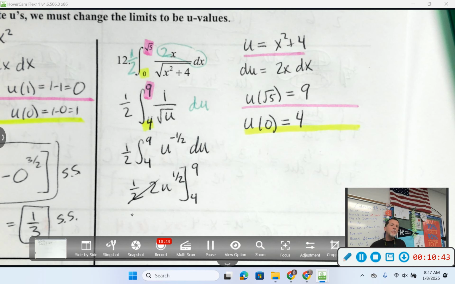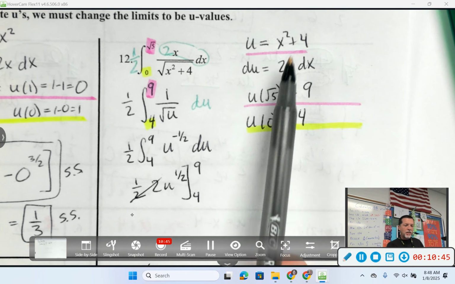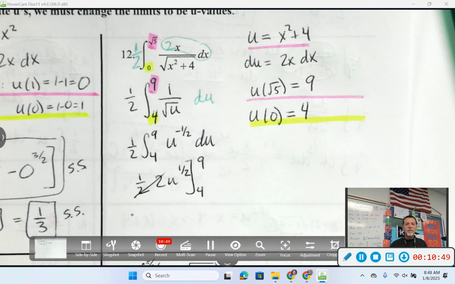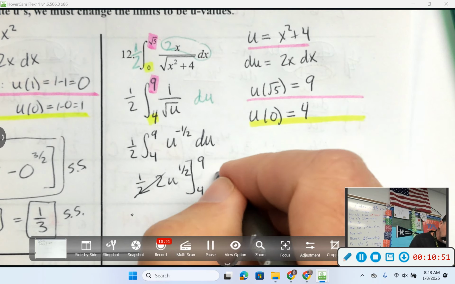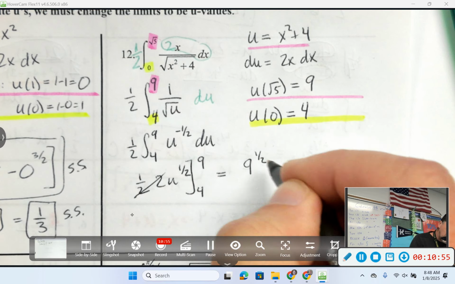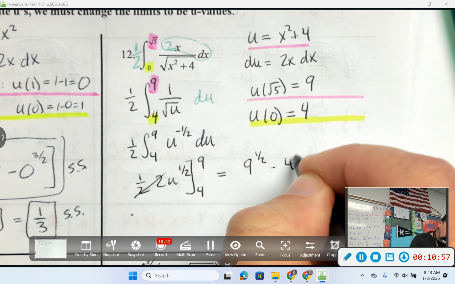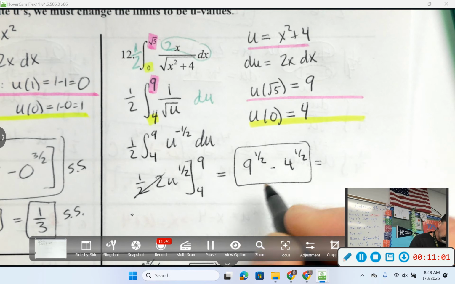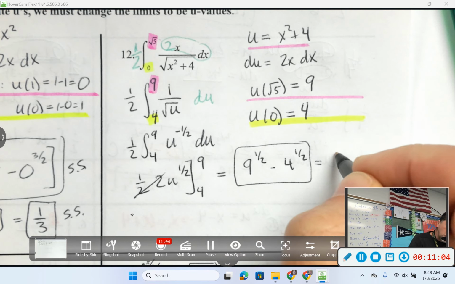If I wanted to keep those original x limits, I'd have to put x squared plus 4 back in there, and then I could use 0 and root 5. But I don't want to go that way. I've already got the u limits, so 9 to the 1/2 minus 4 to the 1/2. That's a safe stop. But that's also just 3 minus 2 is equal to 1.